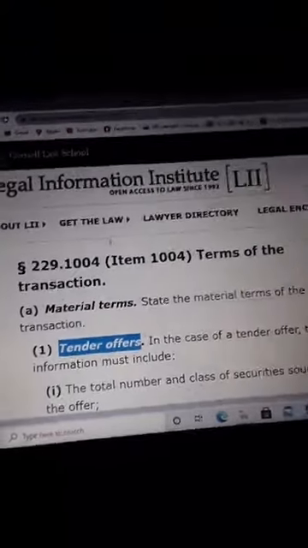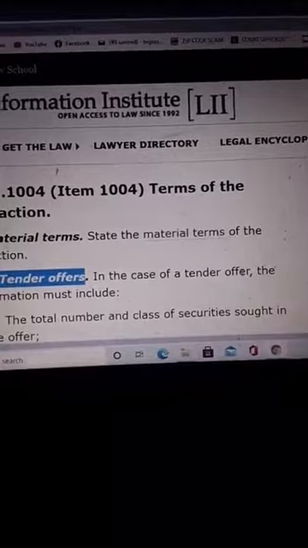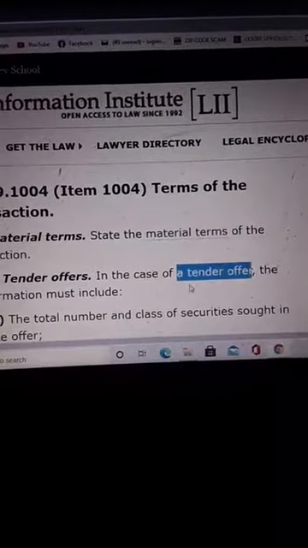In the case of a tender offer, my computer is getting so slow at loading up. Way too much information again.